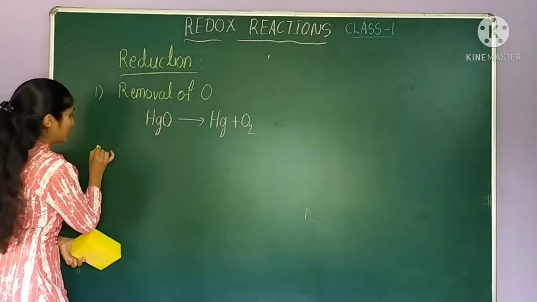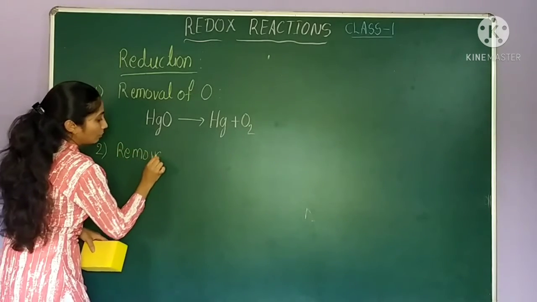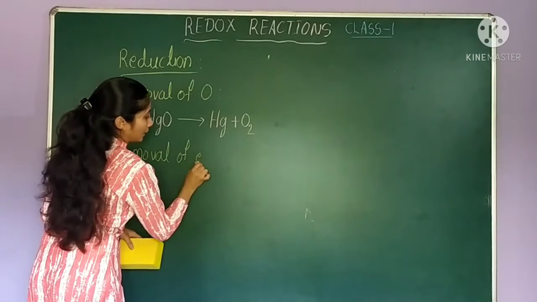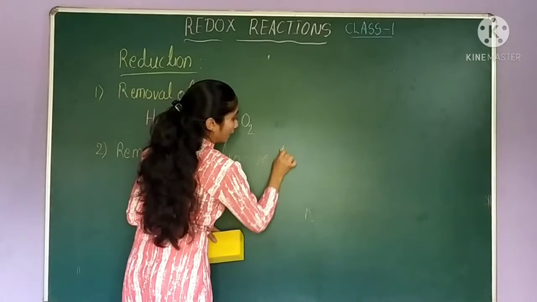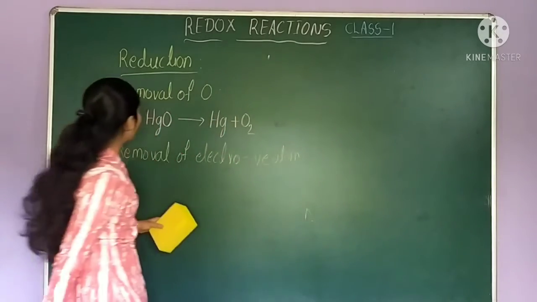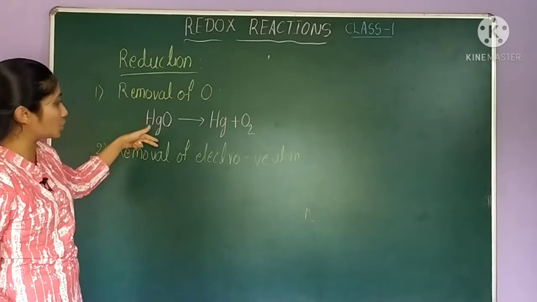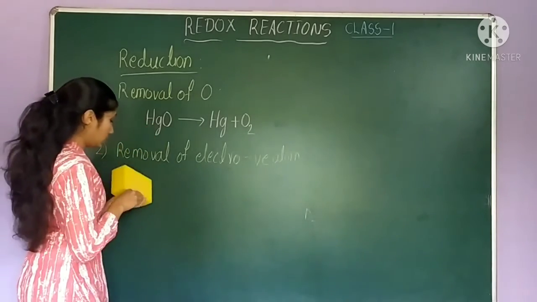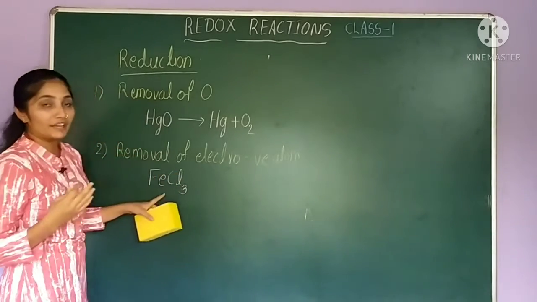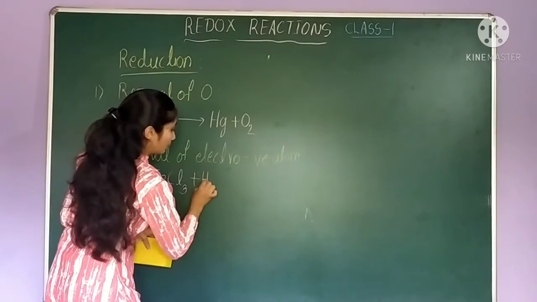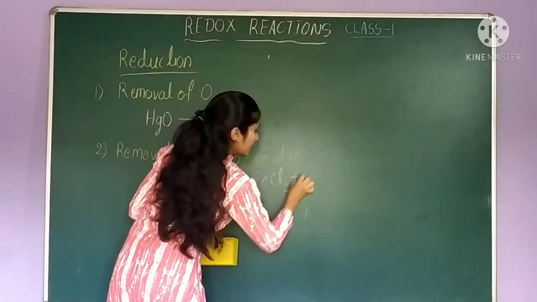And the second definition is removal of electronegative atom. Removal of electronegative atom is also reduction. An example is FeCl3. When FeCl3 reacts with H2, it will form FeCl2 plus HCl.